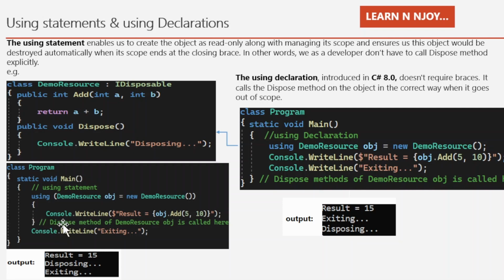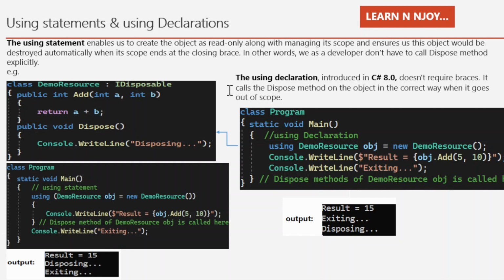Here itself the Dispose method of the DemoResource object is called, and whatever statement we intended to print under this Dispose method, that's why it printed "Disposing." And finally once the using statement's processing is done, it came out and then called this Console.WriteLine statement. That's why we are able to see the text "Exiting" over here.